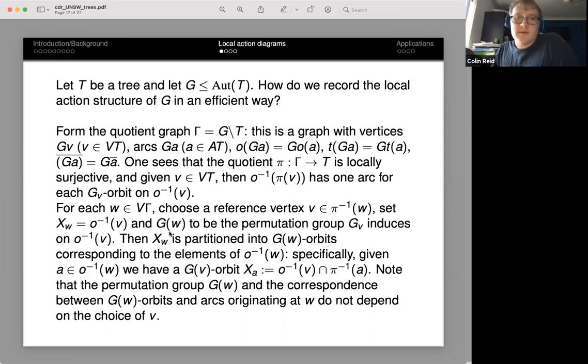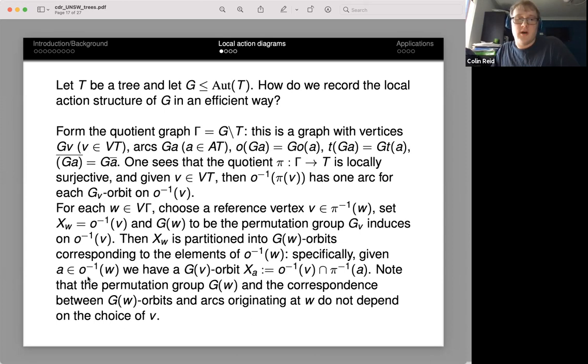And then G_V is going to be the permutation group that the vertex stabilizer induces on those arcs. So this is the local action of G at V. And then X_V is partitioned into orbits of this group, which, as we've said, correspond to the arcs coming out of W.